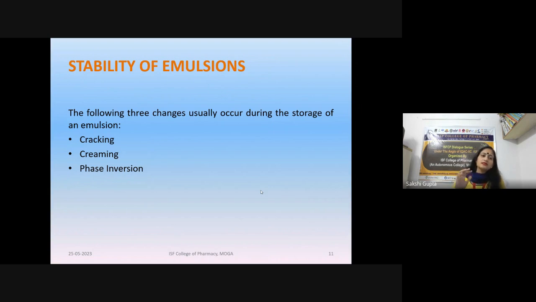And this creaming is temporary, it can be redispersed easily upon shaking, but we should avoid converting the creaming stage into the cracking stage, where the complete oil and water phases get separated.